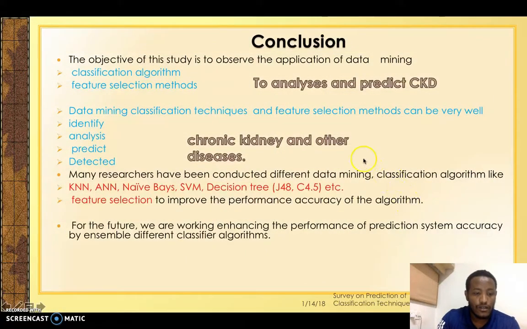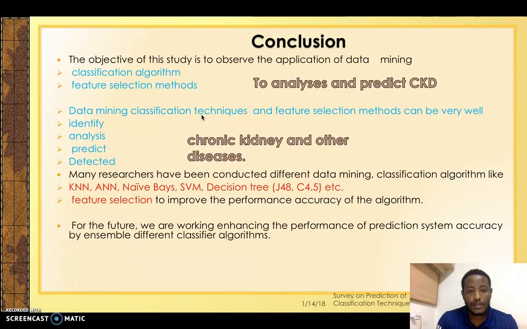This is our conclusion. The objective of this study is to observe the application of data mining classification algorithms and feature selection methods to analyze and predict chronic kidney disease. Data mining classification techniques and feature selection methods can very well identify, analyze, predict, and detect chronic kidney disease and other diseases.